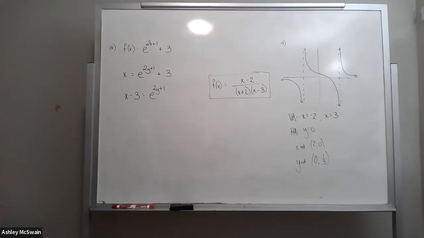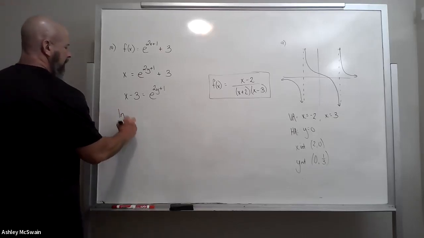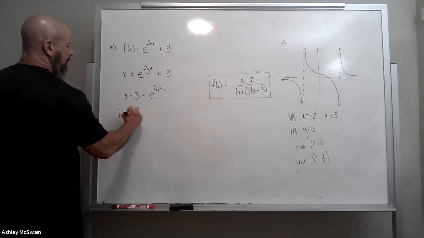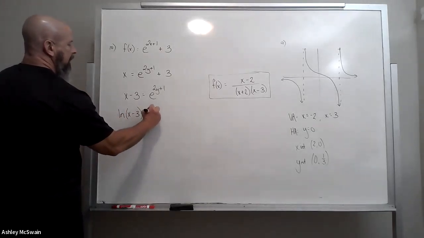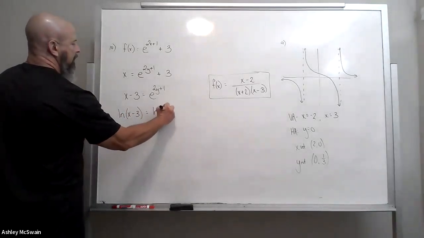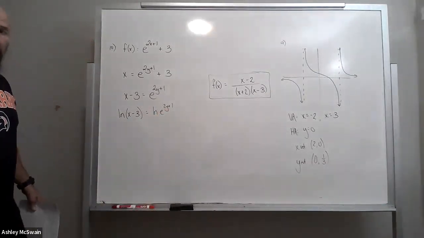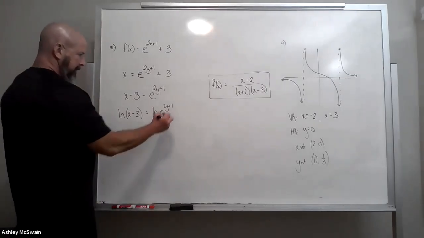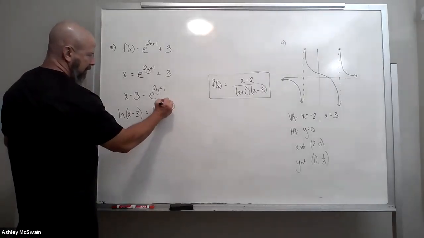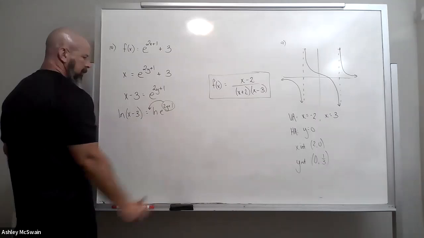Because I'm somehow, sooner or later, going to have to subtract the 1 and divide by 2, but I can't do it when it's up in that exponent. So this is where we use the logarithm. ln of x minus 3 is ln of e to the 2y plus 1. The purpose of the logarithm, using that property, was so that the power will move into the front.